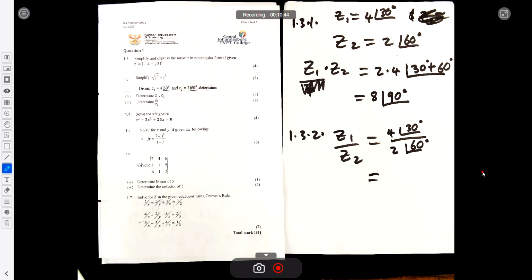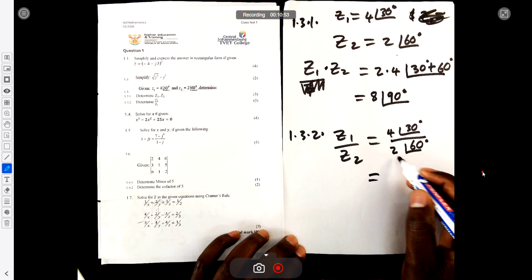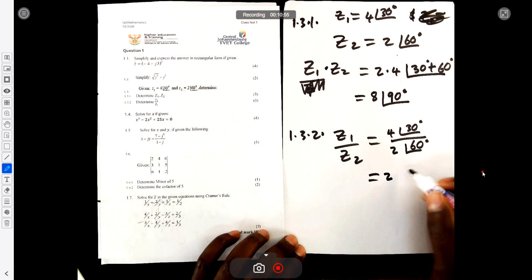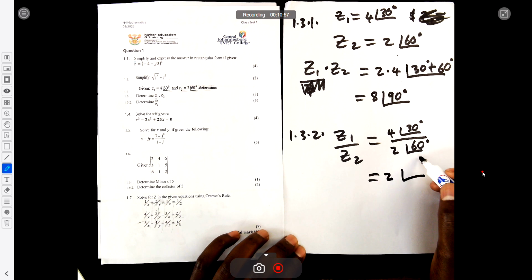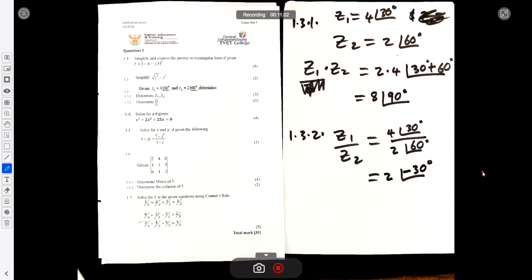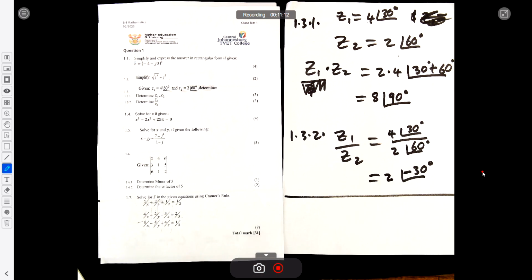That is the rule: divide the modulus, subtract the angles. I hope you see where you went wrong. So 4 divided by 2 is 2, augment 30 minus 60 is negative 30 degrees. You can leave it in that form, but if you have to convert into rectangular form, you know the trick. It was easy peasy, straightforward.